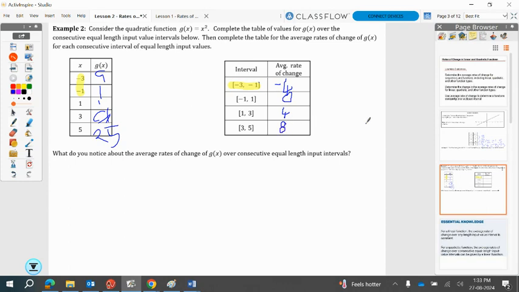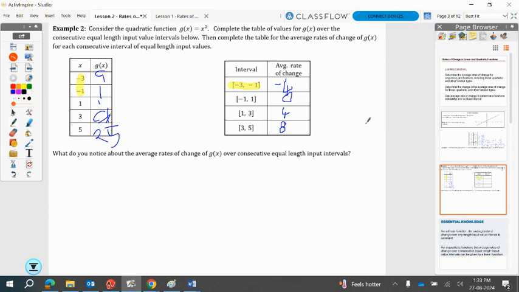Ooh, nice. What do we notice? Well, this is a quadratic function, and what we notice in this function is the average rate of change of g of x over consecutive intervals of length 2 are increasing at a constant rate of 4. It goes up by 4 every time.